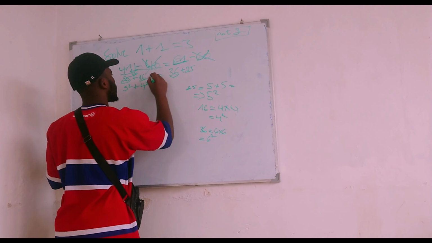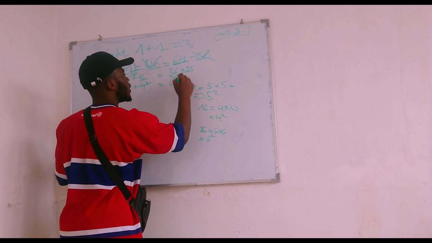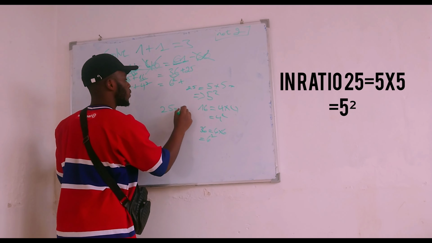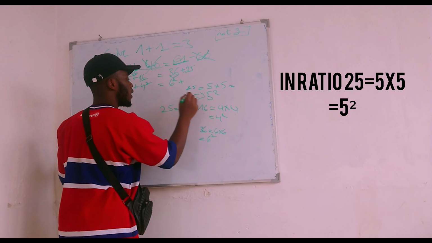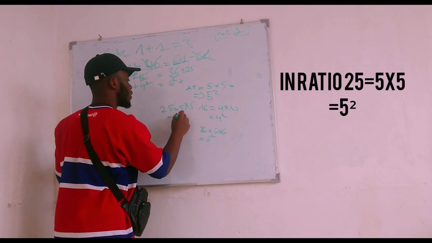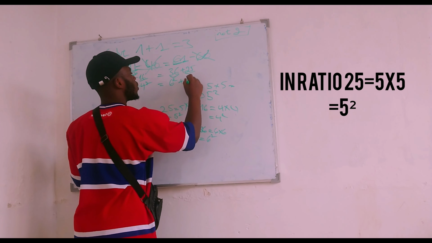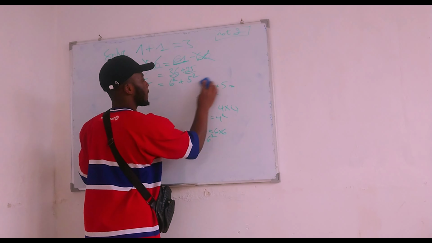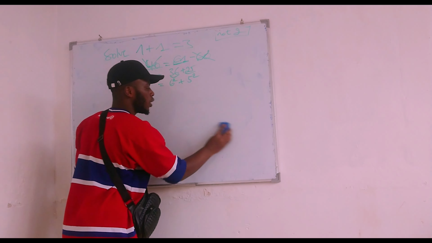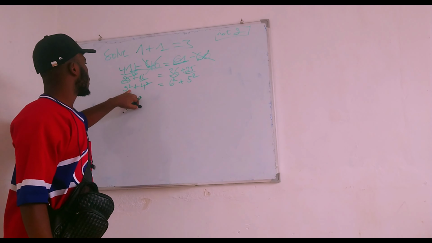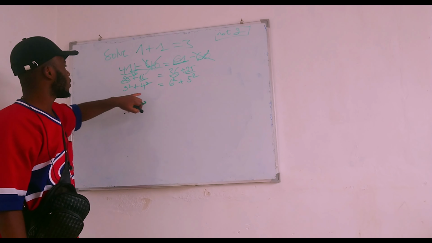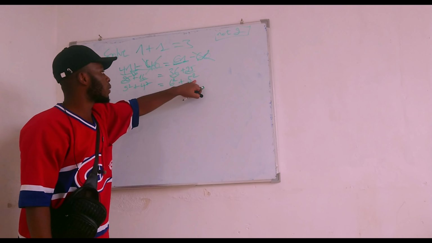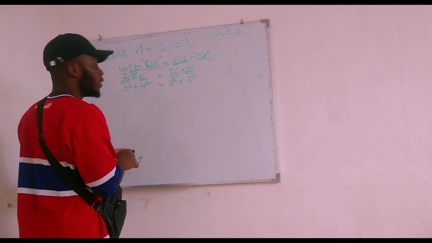This equals 6 squared plus 25, and 25 equals 5 times 5, which equals 5 squared. So 5 squared represents 25, 4 squared 16, 6 squared 36, 5 squared 25.